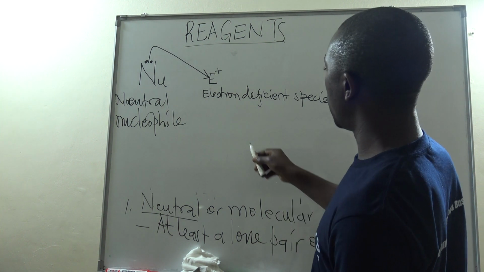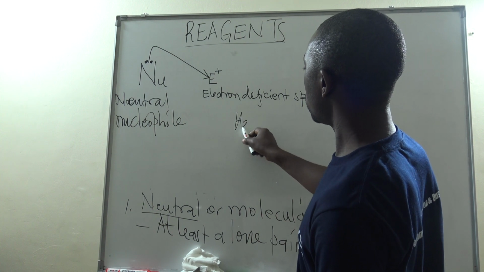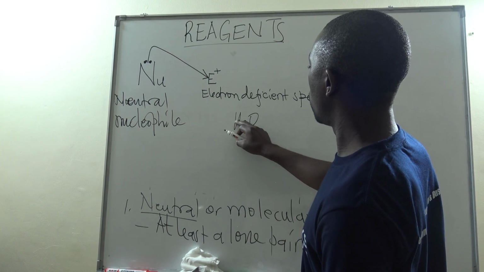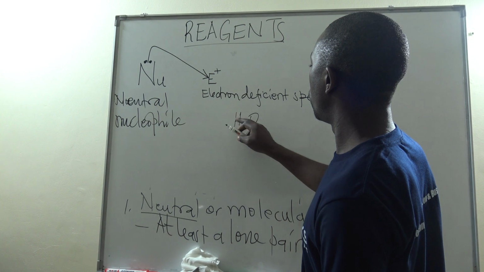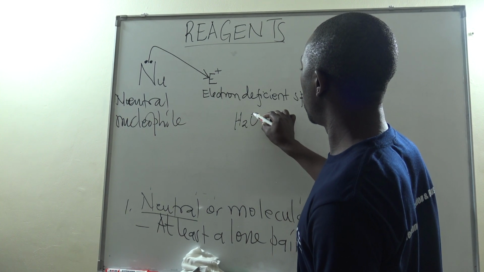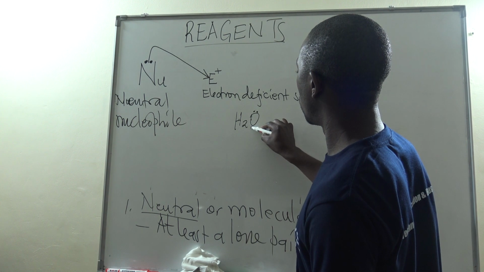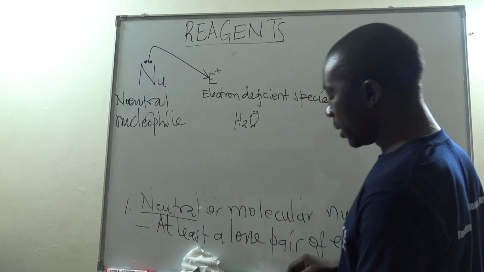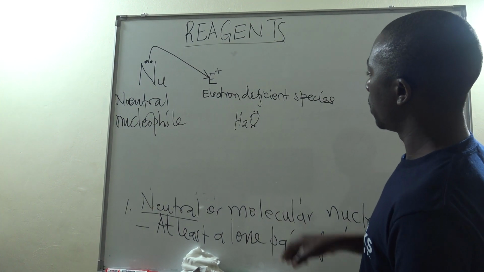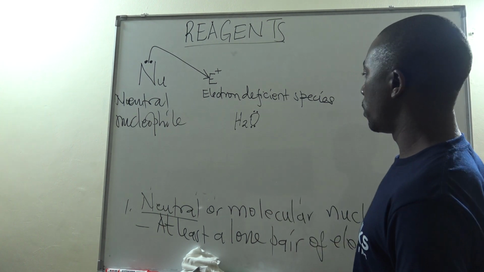One of the best examples is water. And what is funny with water is that it has two lone pairs on oxygen, so it can donate either, depending on the reactions that it has to go through.